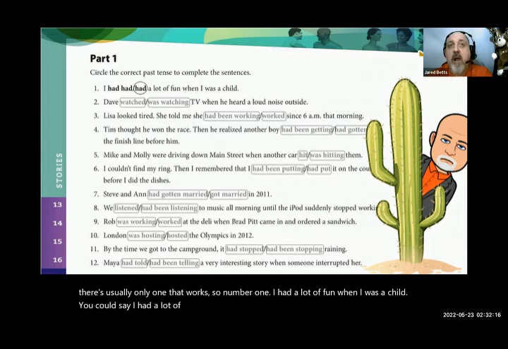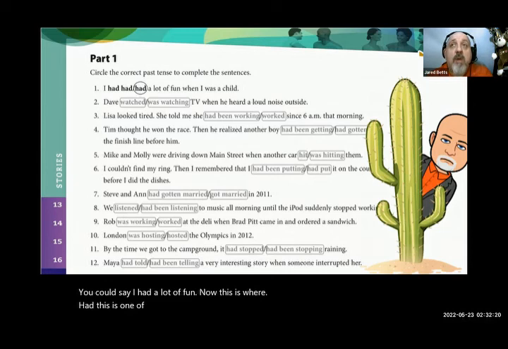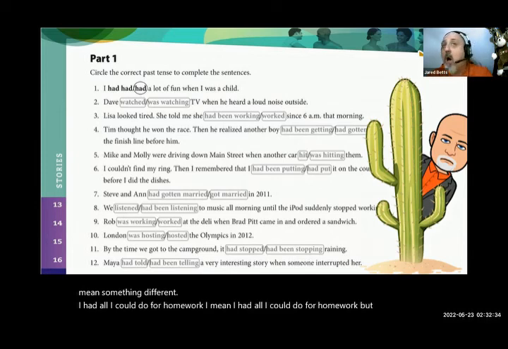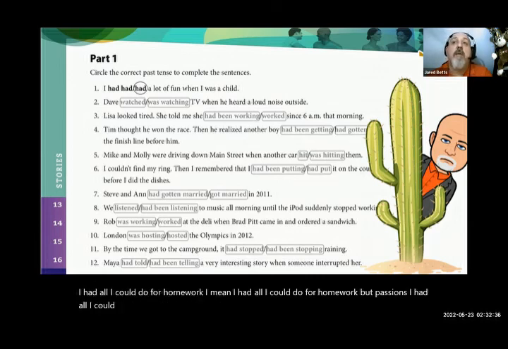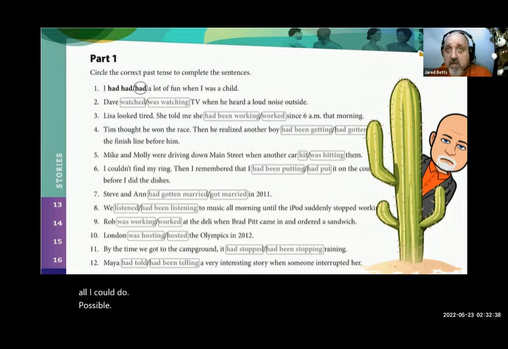Now, this is one of the few times in English where you can actually double up the word and mean something different. I had had all I could do for homework, meaning I had had all I could do for homework, but past tense, I had all I could do. Possible. Strange, yes, but possible.